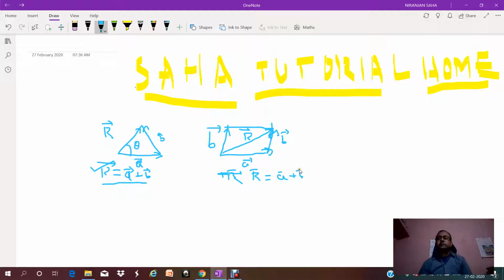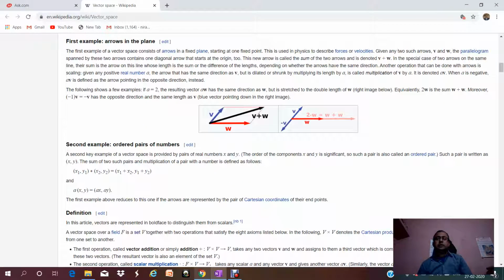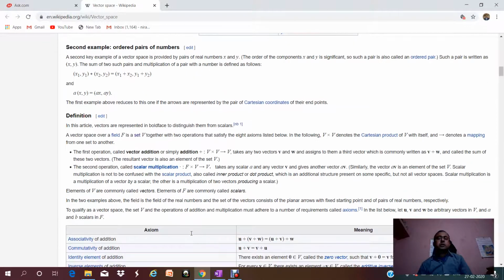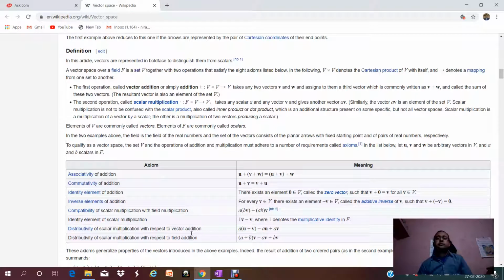So now, how can we define a vector space? You already know what a field is. Through this knowledge, we will define what a vector space is. A vector space is over a field, any field, which can be real or complex.